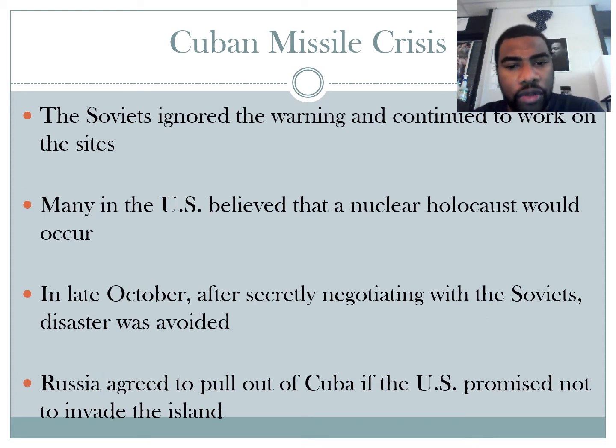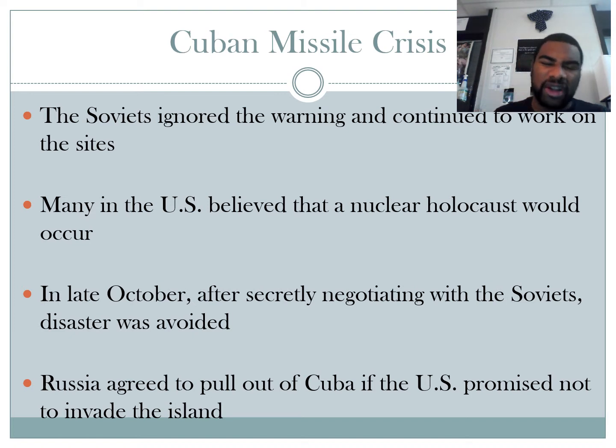The Soviets ignored the warning and continued to work on the site. Many in the U.S. believed that a nuclear holocaust would occur. In late October, after secretly negotiating with the Soviets, disaster was avoided. Russia agreed to pull out of Cuba if the U.S. promised not to invade the island.